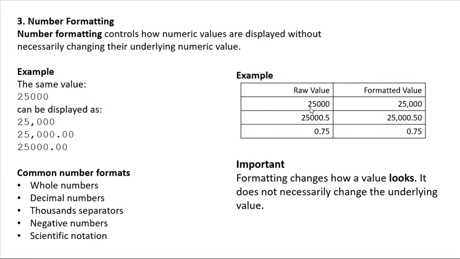Raw value 25000 is formatted as 25,000 with the thousands separator comma sign. Another, 25000.5, is shown as a decimal value, 25,000.50, and the raw value 0.75 is shown as well.